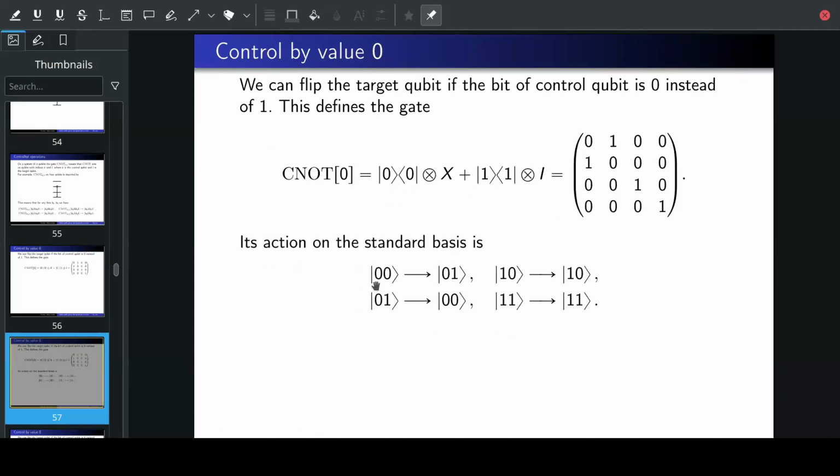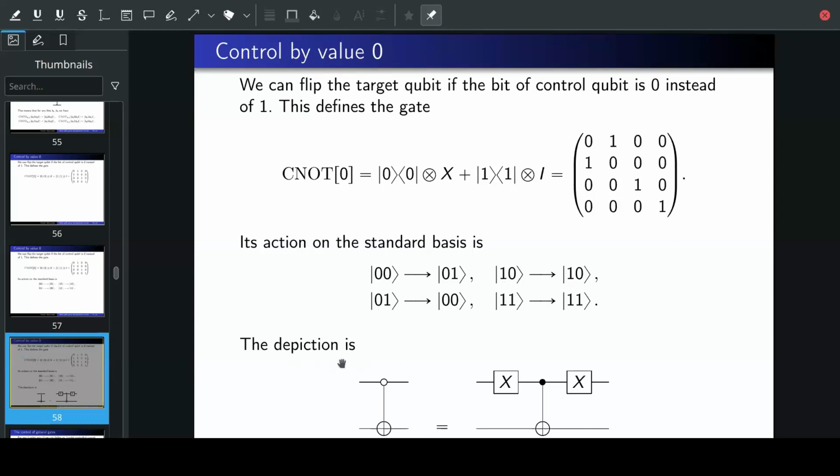So if the value of the first bit is 0, then we flip the second bit, right? Like here or here. But if the value of the first bit is 1, then we do nothing. So nothing happens. And that's why it's named controlled by value 0.